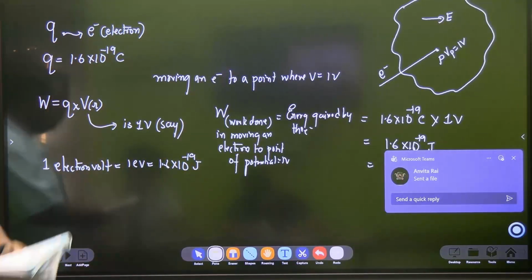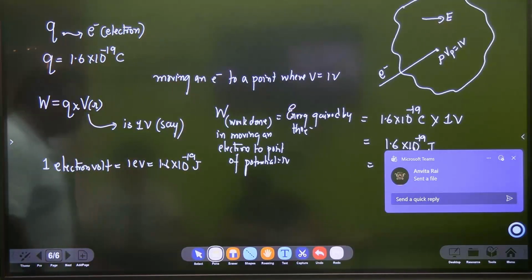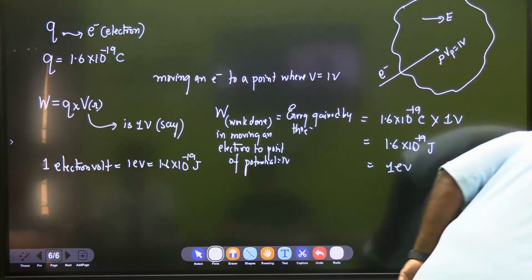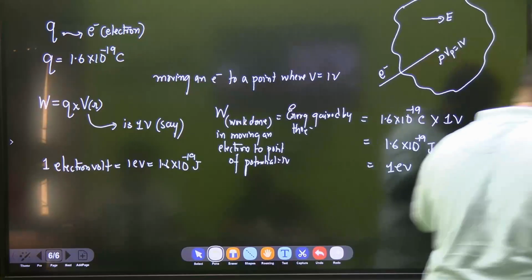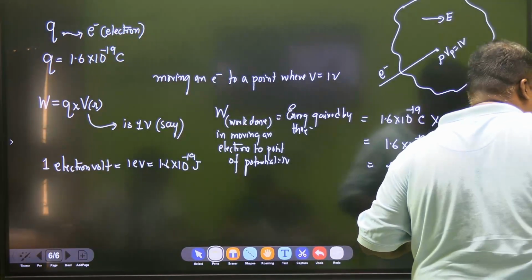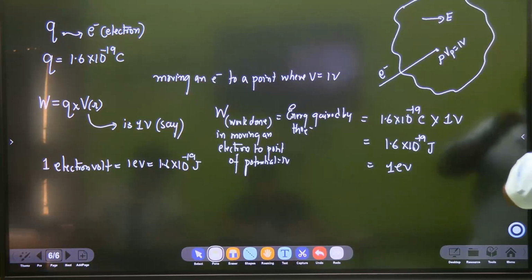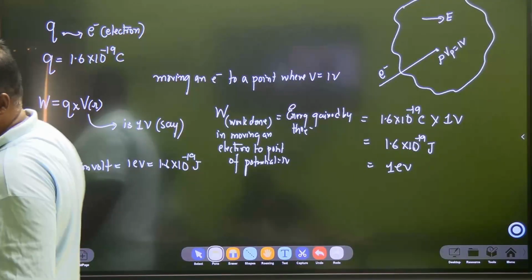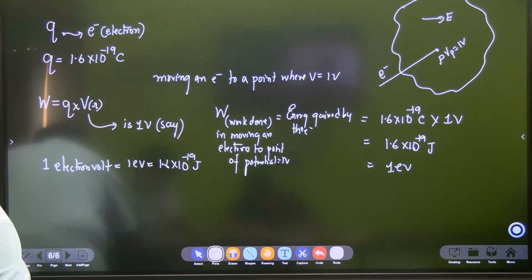So you can write the definition: 1 electron volt is the energy gained by an electron when moved in an external electric field that creates a potential of 1 volt.